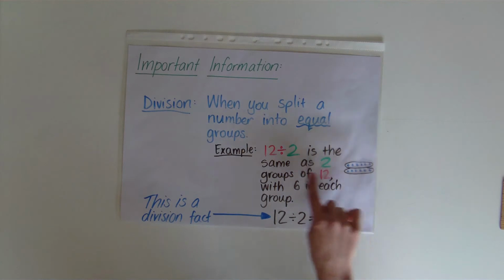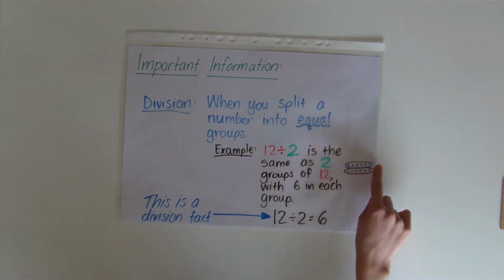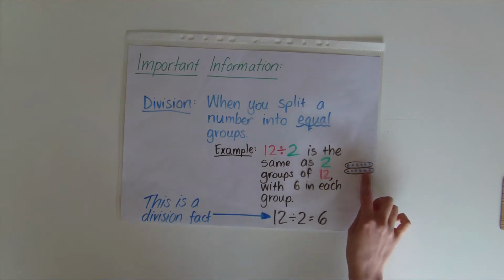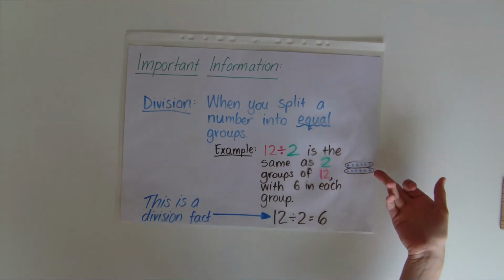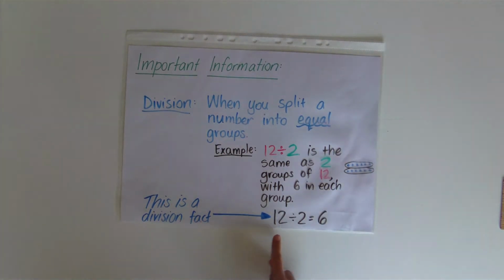In total, we've grouped them into 2 groups, and then there are 6 in each group. So therefore 12 divided by 2 is 6, and this is a division fact. 12 divided by 2 equals 6, that is a division fact.